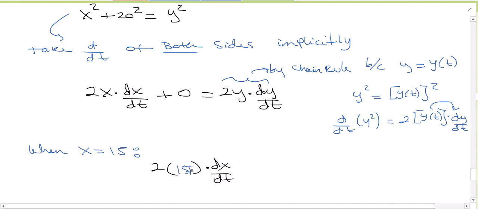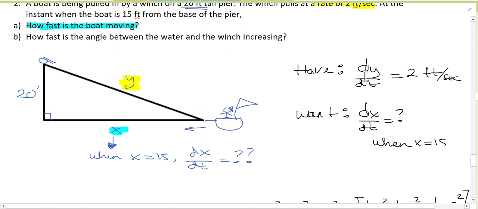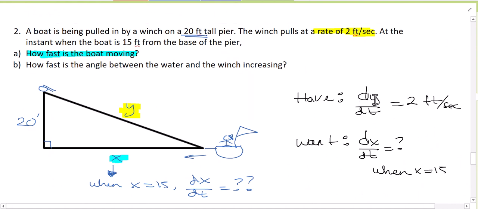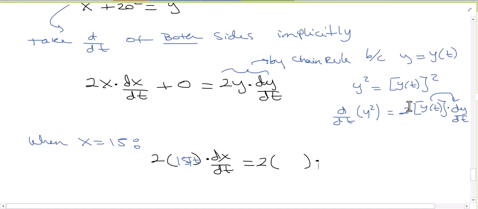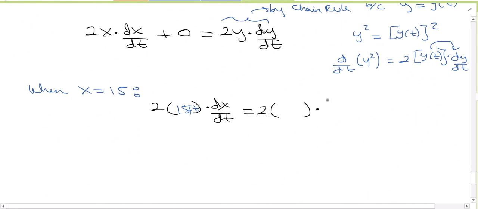And this is 15 feet. Equals, that's 0 so we don't include that, 2y, oh, I don't have the value of y, times dy/dt. Do we know our dy/dt? Yeah, that's what was given to us. dy/dt is 2 feet per second.